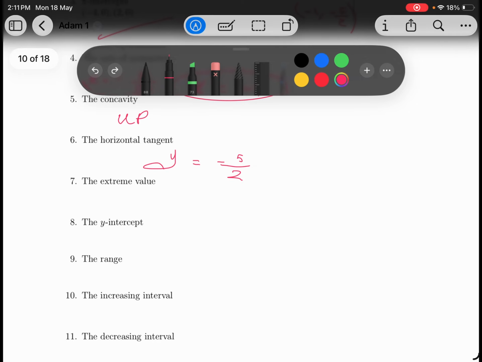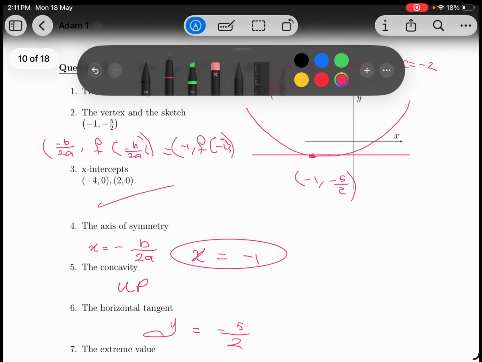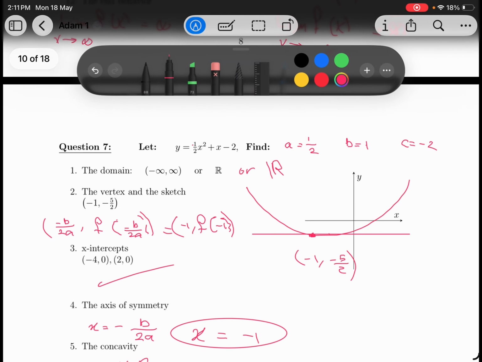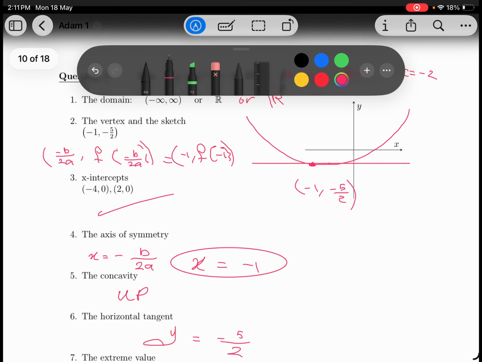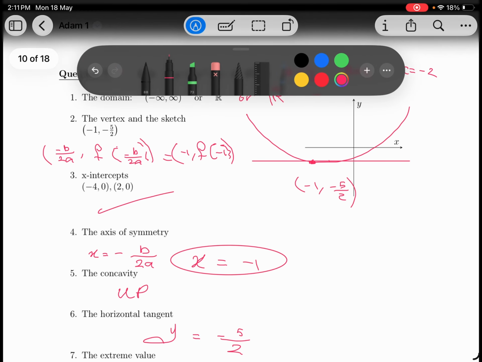What next? Here the y-intercept, this is (0, c). What is the value of c here? If you plug in 0 here, it will be obviously minus 2. So (0, c) is the point where this parabola intersects the y-axis, (0, -2). The range is the y coordinate of the vertex and above.